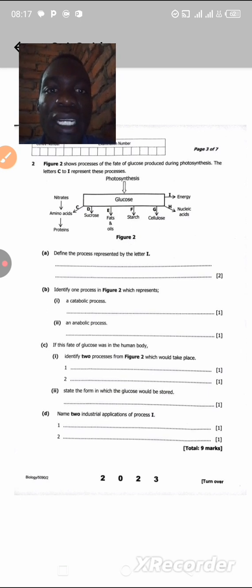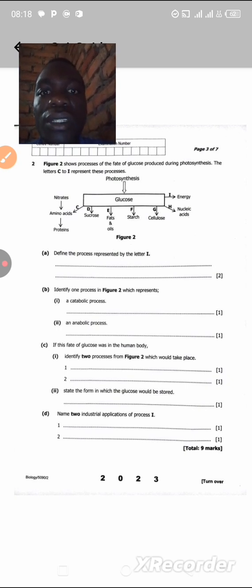There is energy at the end, so the same glucose is being converted into energy. The same glucose is used in making nucleic acid, to make cellulose, and it is converted into starch, into fats and oils, and into sucrose, as well as into proteins by adding it to amino acids.